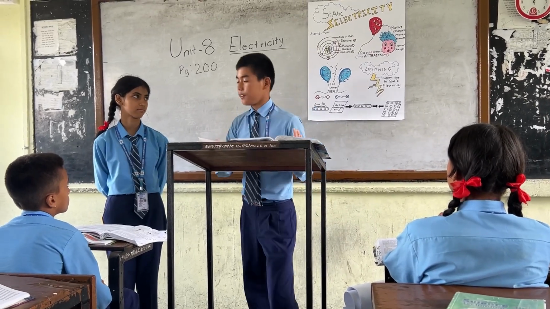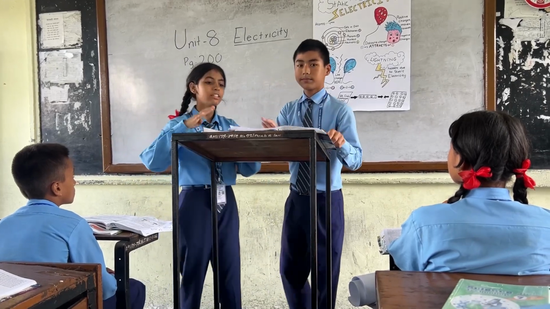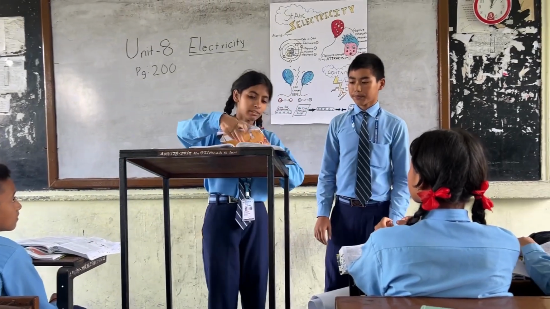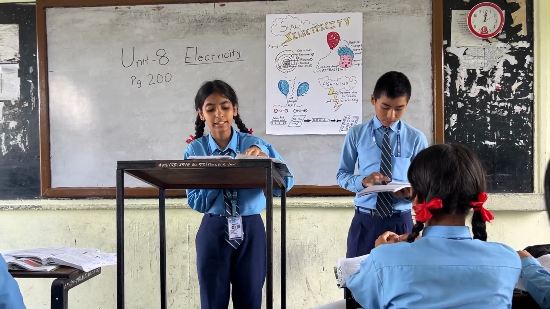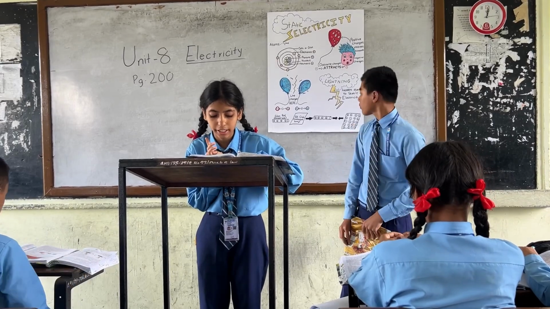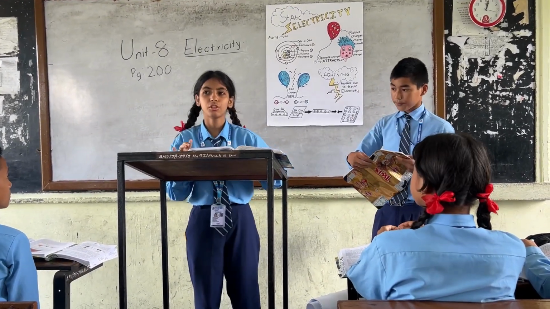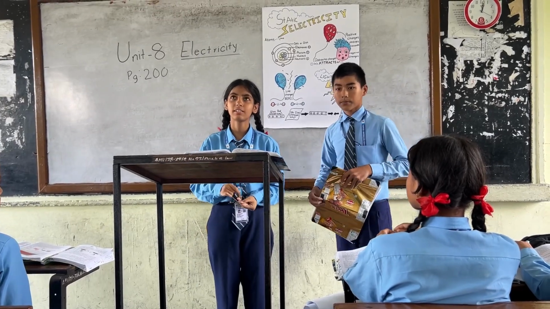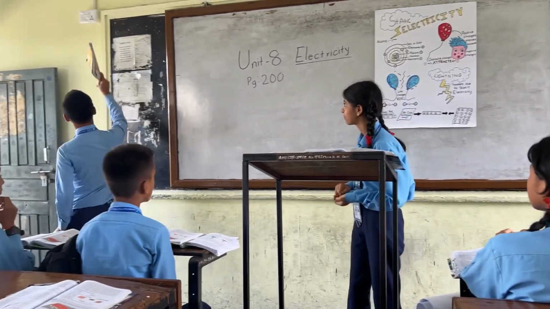We have an experiment with us, activity 8.1. Hold the comb and run it over your hair. Bring it near small pieces of paper and observe. I think we have to turn off the fan because the paper might fly away.